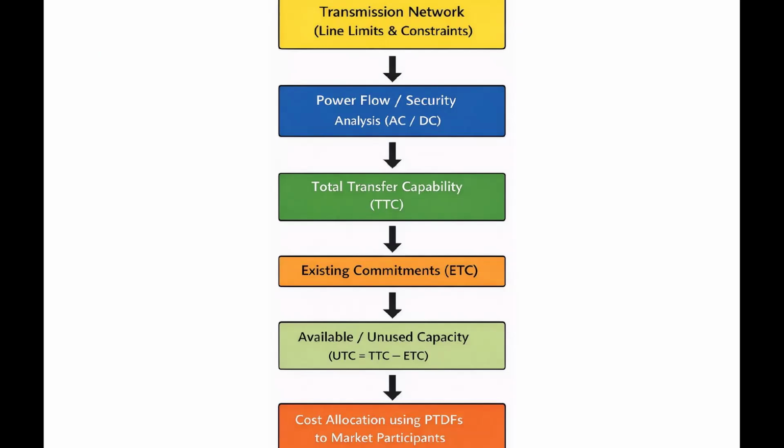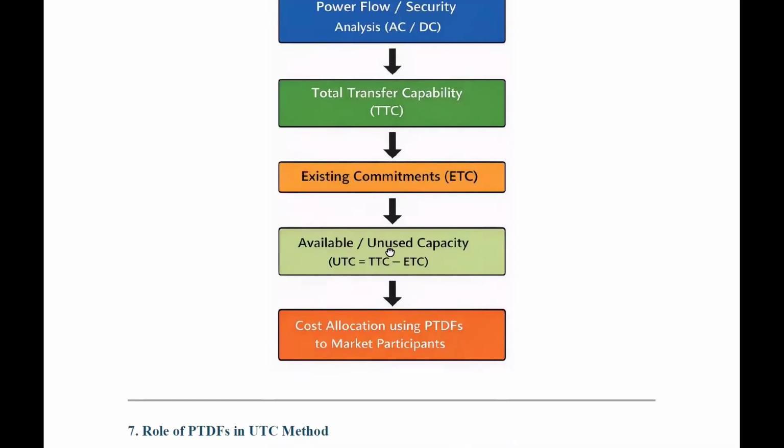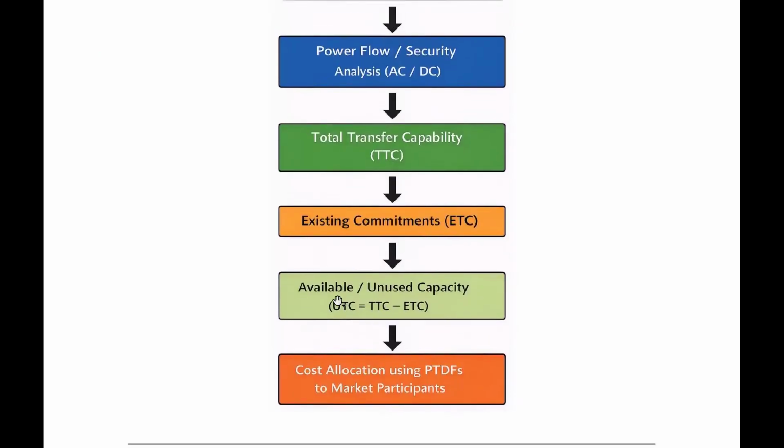That is ETC. Now we need to calculate the ATC, available or unused capacity. That is nothing but UTC, unused transmission capability, equal to TTC minus ETC minus the reliability margin also.